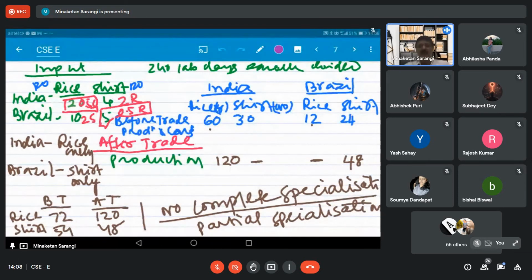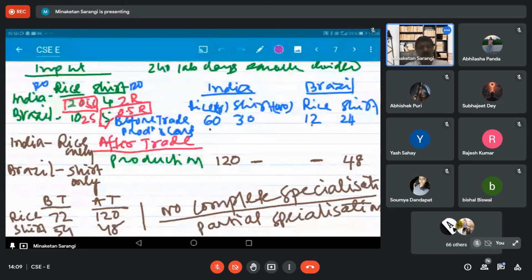So observing the opportunity cost per unit, it is ascertained that India produces rice at a lower opportunity cost per kg in comparison to Brazil, and Brazil produces sack at a lower opportunity cost per unit in comparison to India.